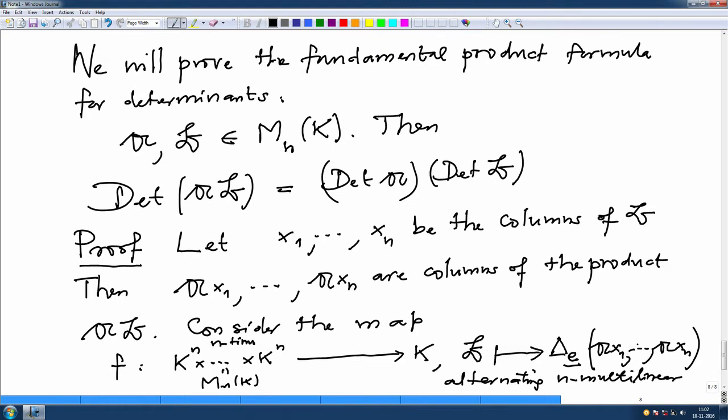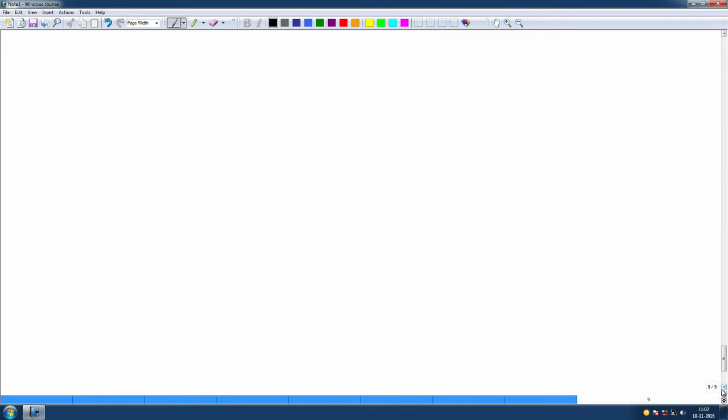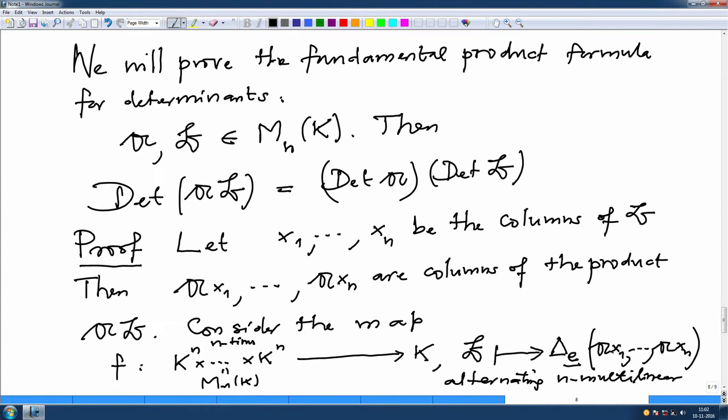Because in each variable this is linear, therefore it is multilinear.